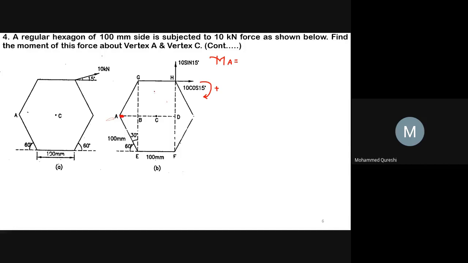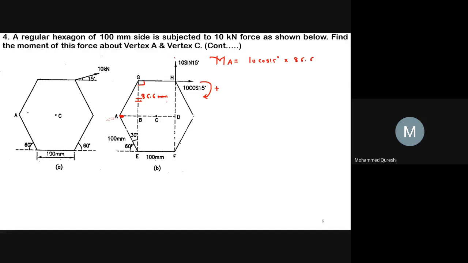So this force, that is 10 cos 15, will make perpendicular distance of 86.6 mm as we had calculated earlier, that is DG equals 86.6. So MA equals positive 10 cos 15 degree into 86.6.